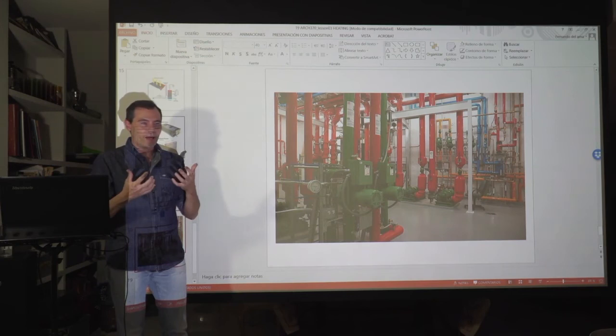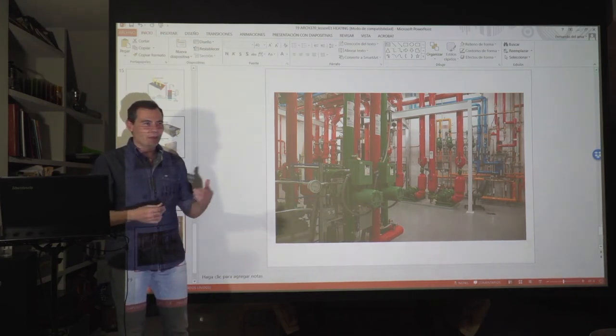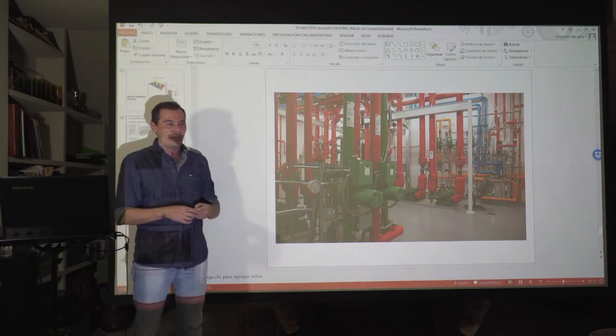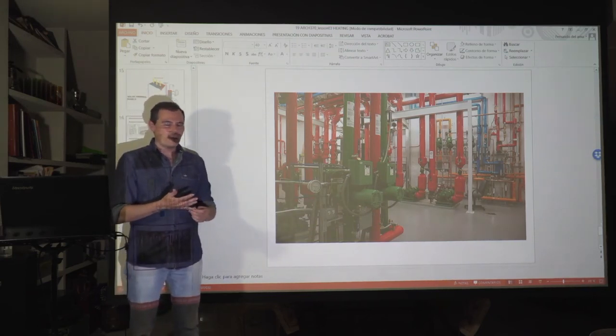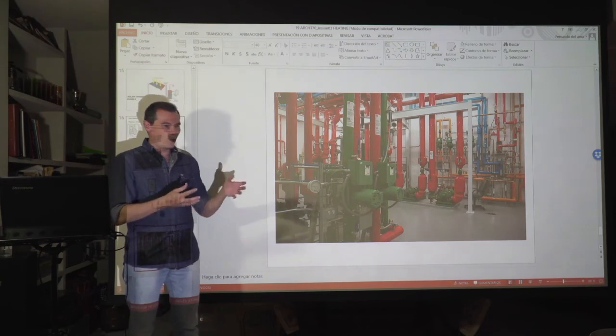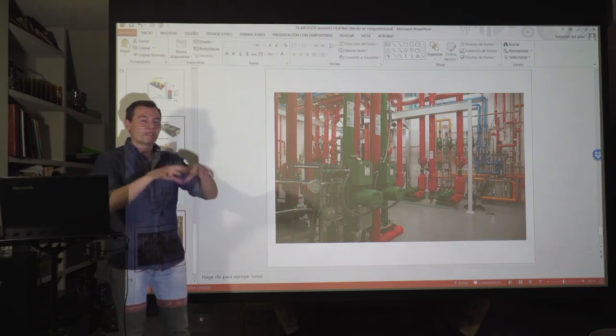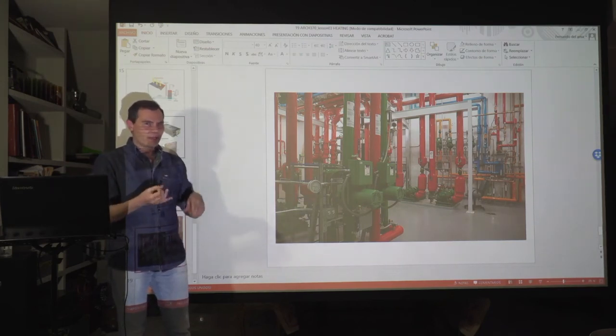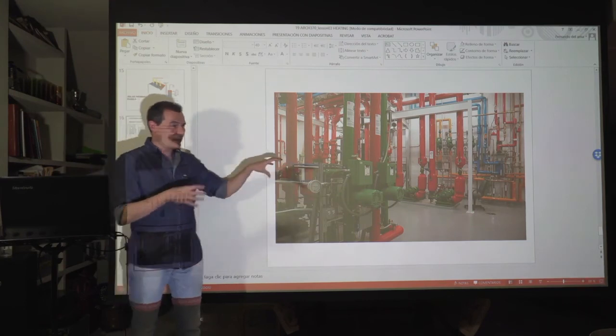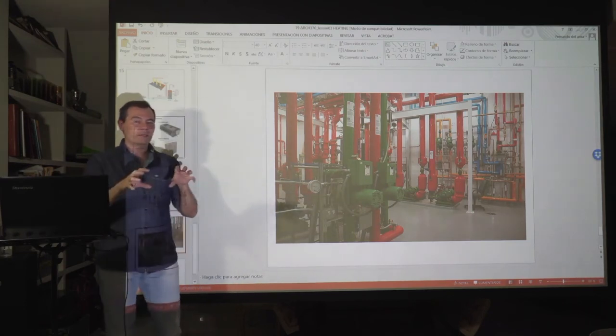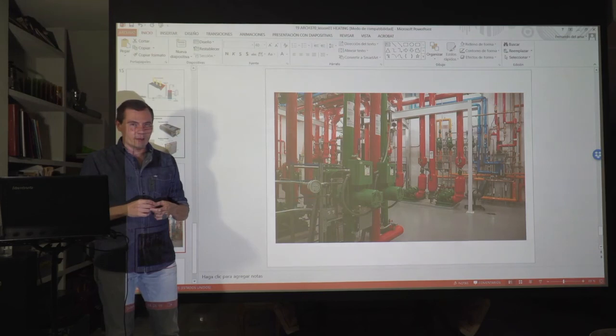A single family house is a piece of cake. We all can design single family houses. But if we are working with office buildings or commercial buildings, we better work within a team with structural engineers and mechanical engineers, because buildings are getting more and more complicated, and it's difficult.